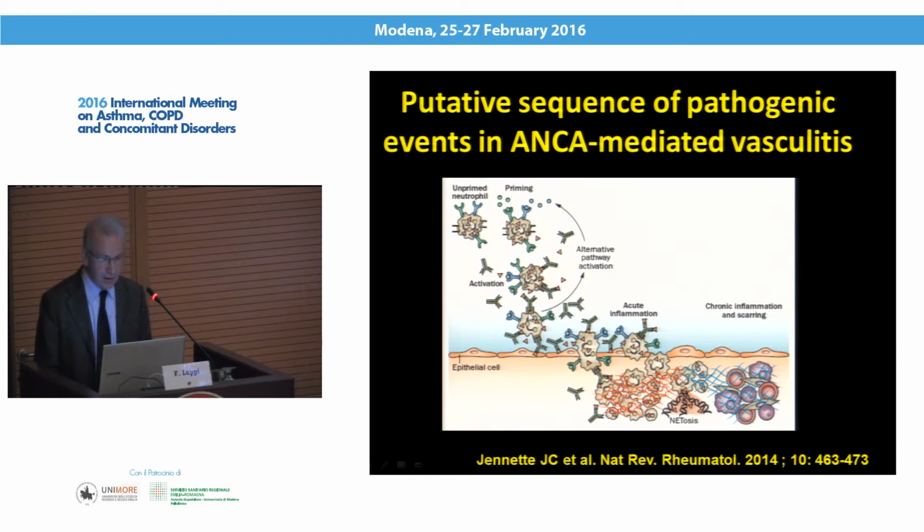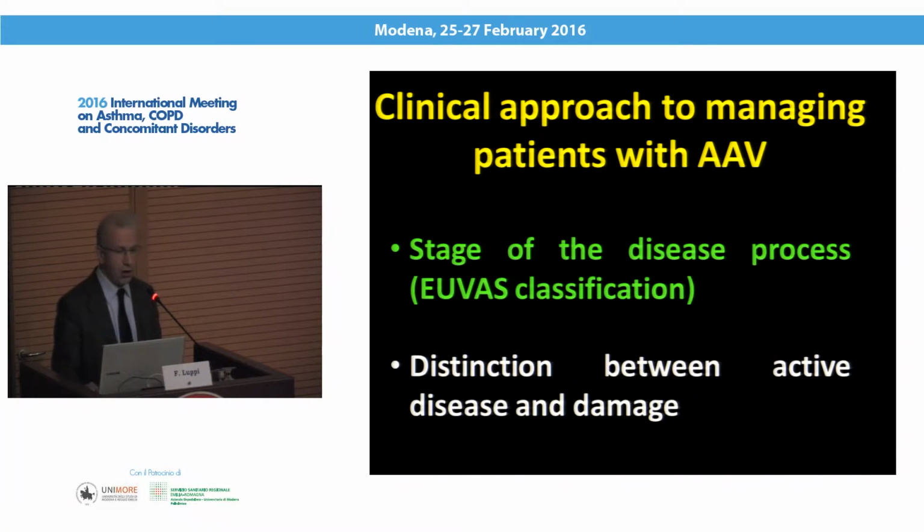This causes the activation of neutrophils with acute and chronic inflammation, which is at least in part responsible for the pathologic features that you can observe in vasculitis. On the clinical ground, approaching these diseases deserves attention to the stage of the disease process and the distinction between active and damaged disease.